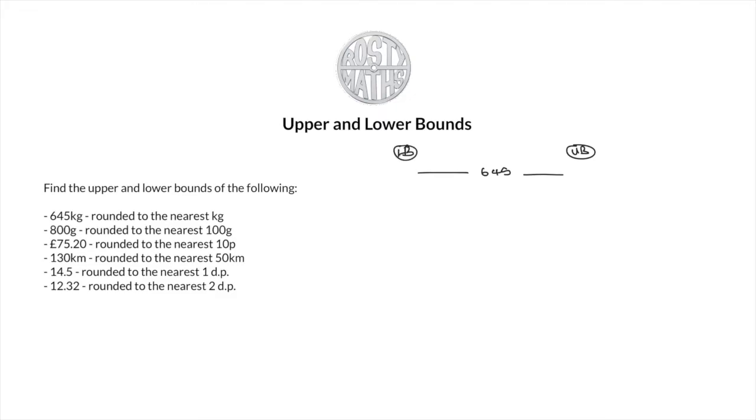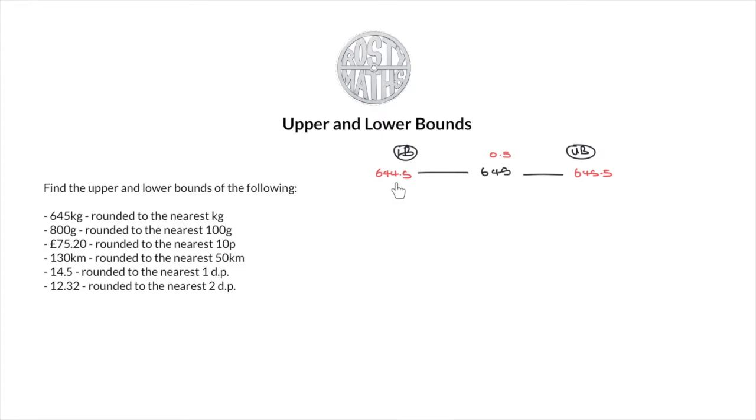In order to get my upper bound, I need to find out what I'm going to add on and subtract. So because it's been rounded to 1, half of 1 is 0.5. So you add 0.5 to there. So therefore, you're going to get 645.5 and 644.5 when you subtract 0.5 from here.